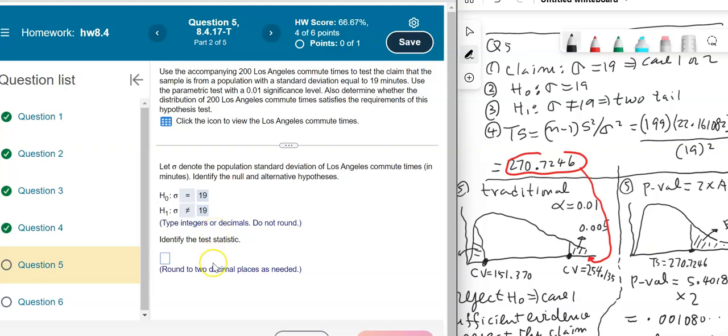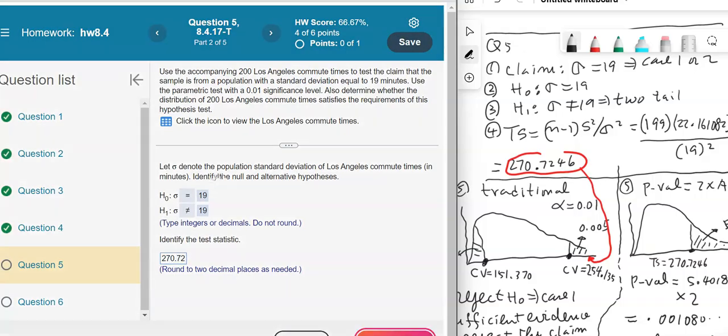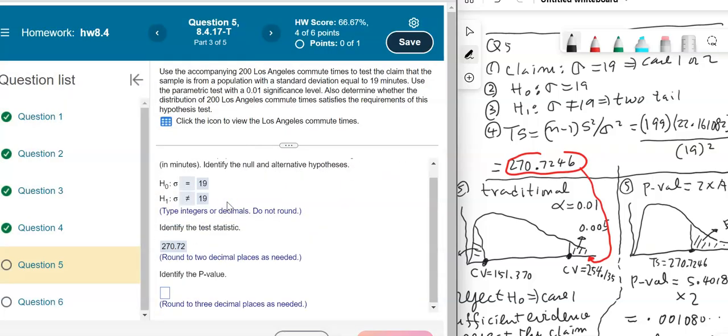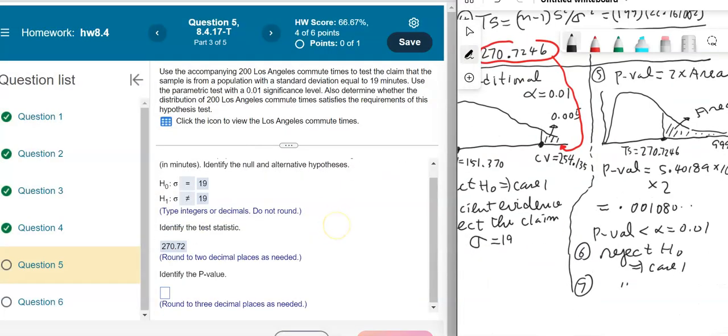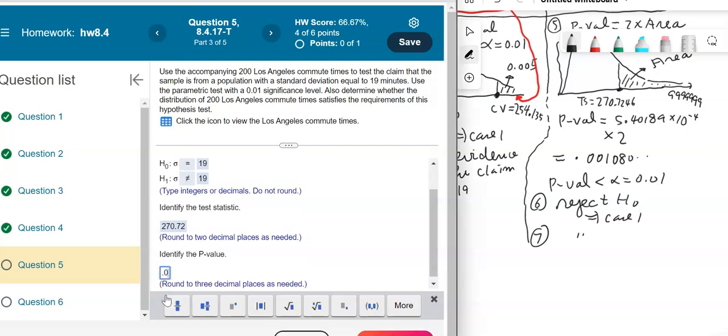We got 270 point something, so round to 2 decimals, 270.72. Right? The p-value, oh my God, the p-value is 0.00. Now, 3 decimals, so 0.001. I hope this is right.